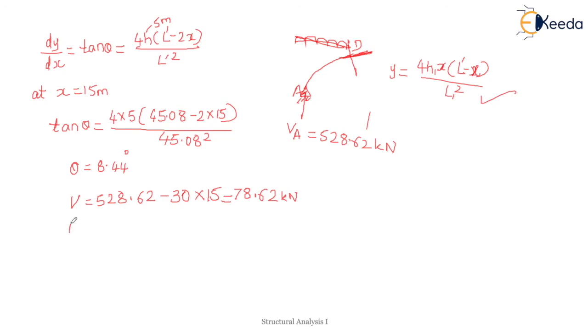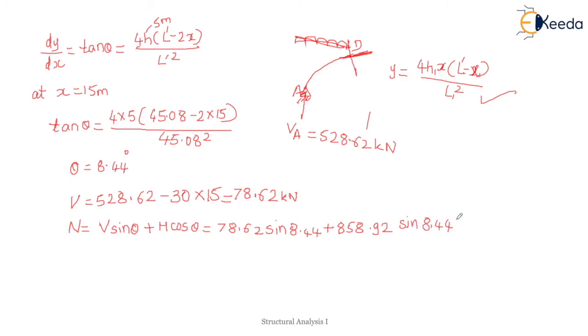Now find out the normal thrust. N is equal to V sine theta plus H cos theta. So V is 78.62, sine of 8.44, plus H cos theta, where the H value is 858.92, cos of 8.44.